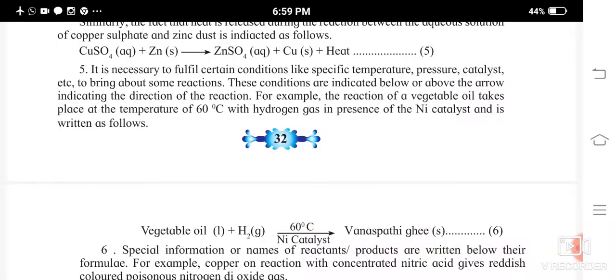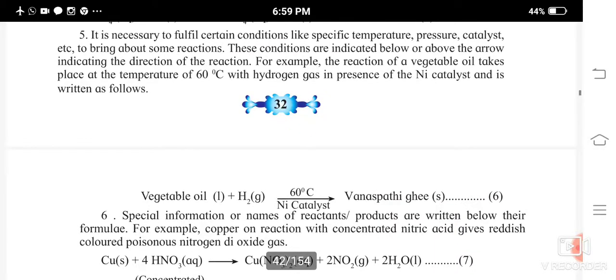Now these conditions are indicated below or above the arrow indicating the direction of the reaction. For example, the reaction of a vegetable oil takes place at the temperature of 60 degrees Celsius with hydrogen gas in presence of the nickel catalyst, and is written as follows.